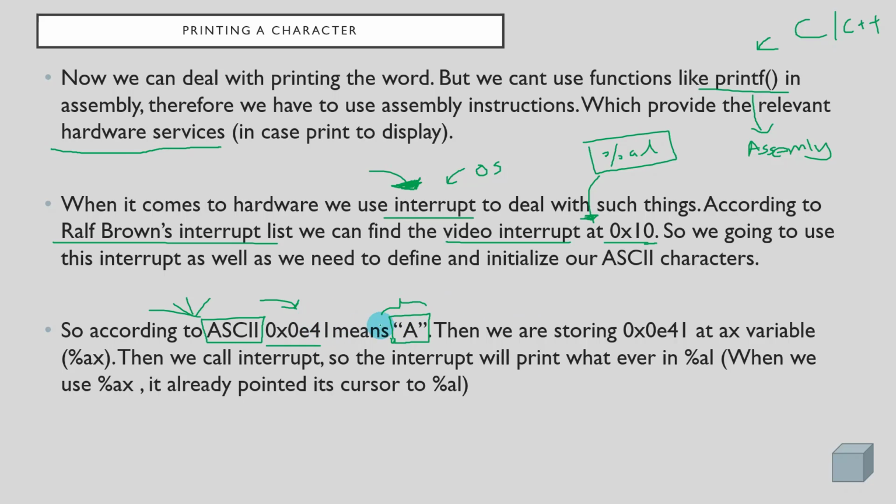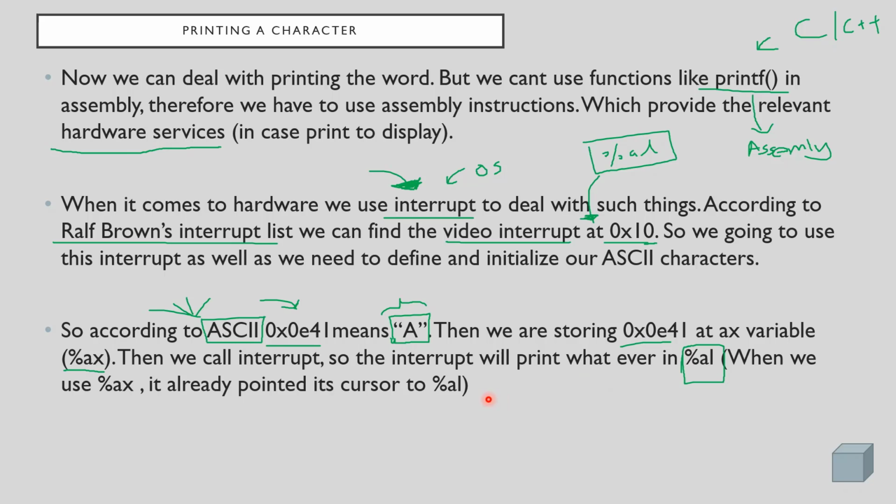So what we are basically doing is storing this value in the AX register. But as I said before, when we call the interrupt, it will only print what is in the AL variable. Since we store our A in AX, it automatically points to AL as well.